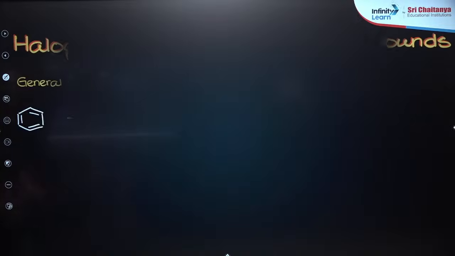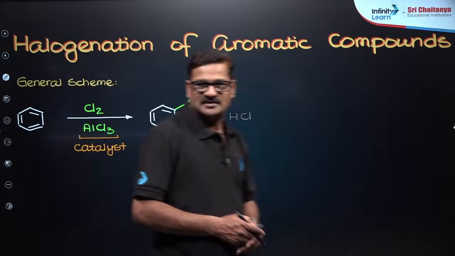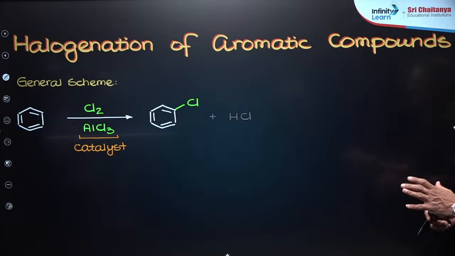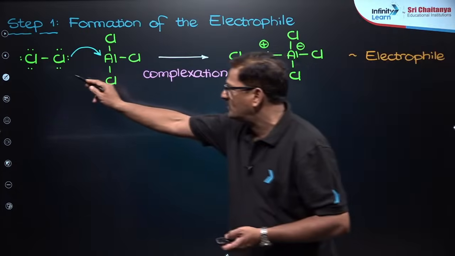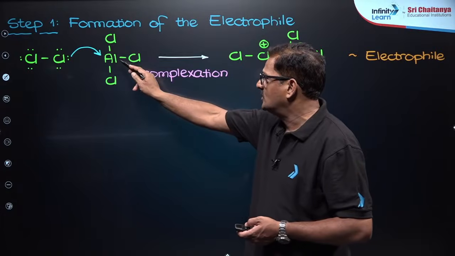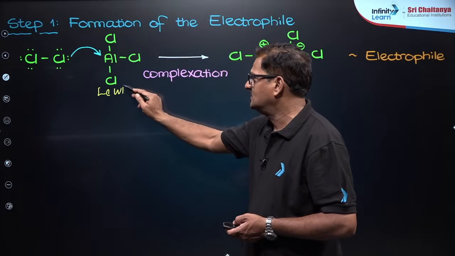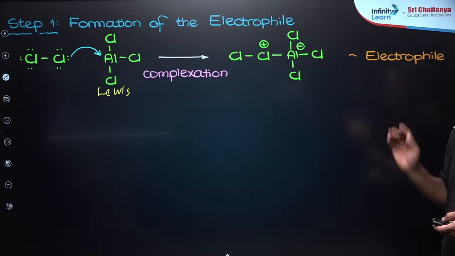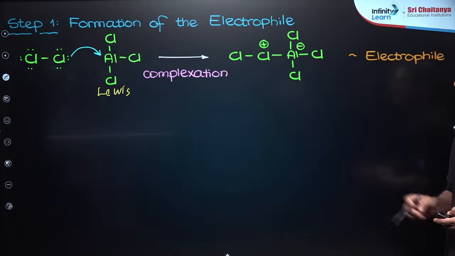Now moving ahead, in the halogenation, benzene reacts with chlorine to give us chlorobenzene, and in that scenario the chloronium ion, you see here the mechanism, the lone pair of electrons present on this chlorine is going to be taken by this AlCl3, which is acting as a Lewis acid. So what is the use of AlCl3? It is a Lewis acid and it is an electrophile generator and it is going to be a catalyst.